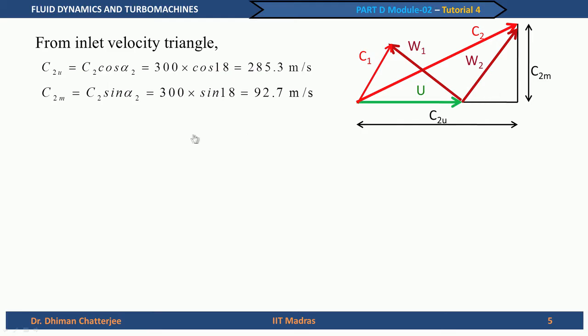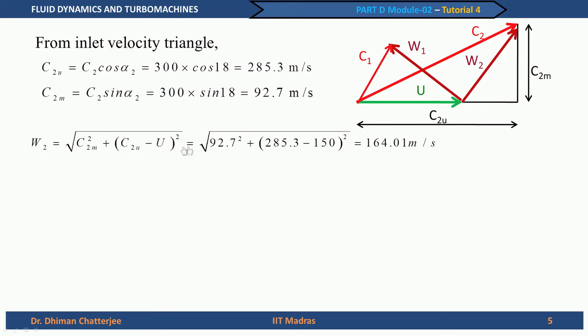This component is C2U minus U, which is 285.3 minus 150, and this is C2M. So, W2 square is C2M square plus C2U minus U whole square, and that gives me W2 equal to 164.01 meters per second.